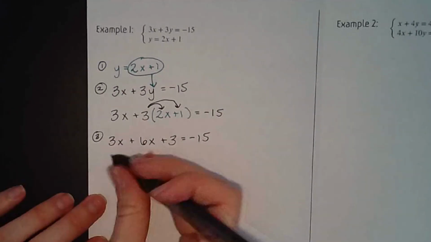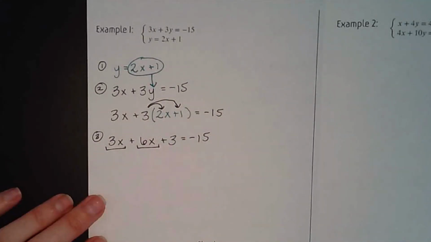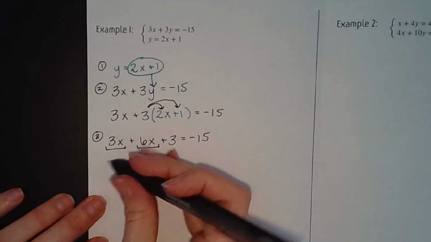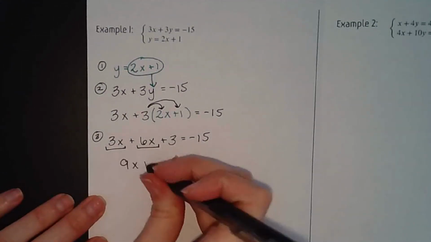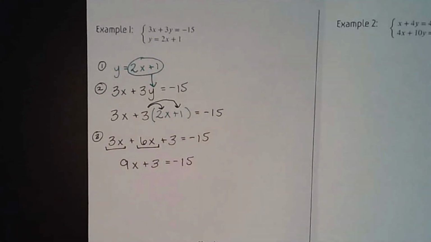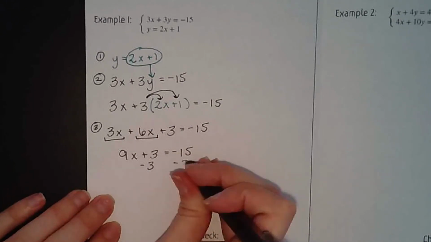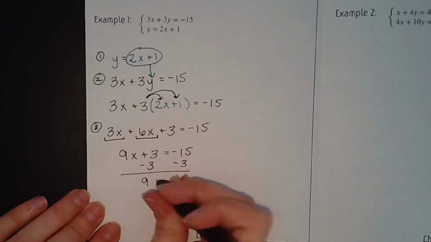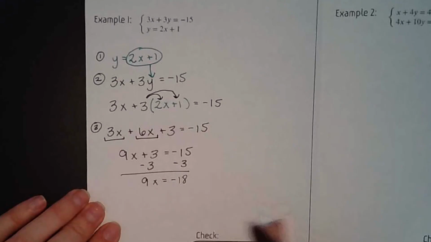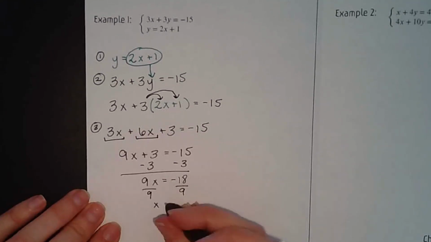My next step is going to be to combine my like terms. 3x plus 6x gives me 9x. So 9x plus 3 equals negative 15. Now this is just a two-step equation, so I subtract 3 on both sides. 9x equals negative 18. Divide by 9 on both sides, and x equals negative 2.